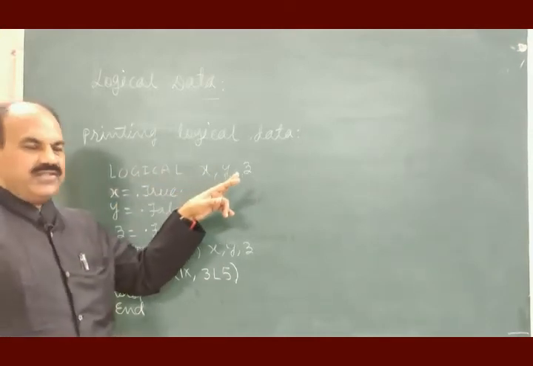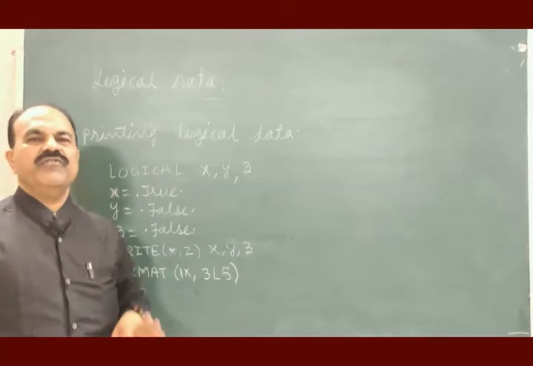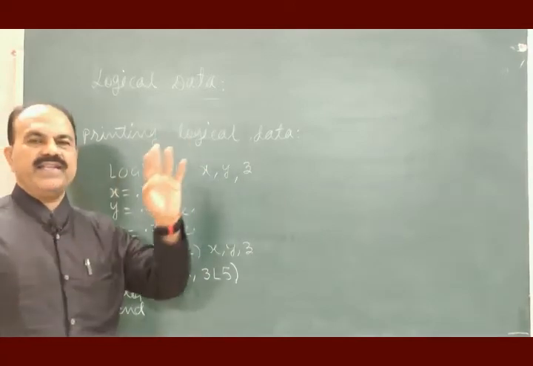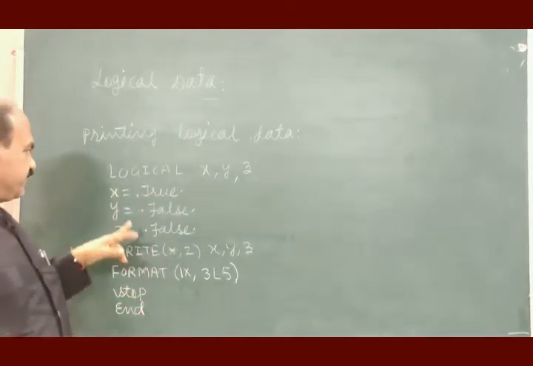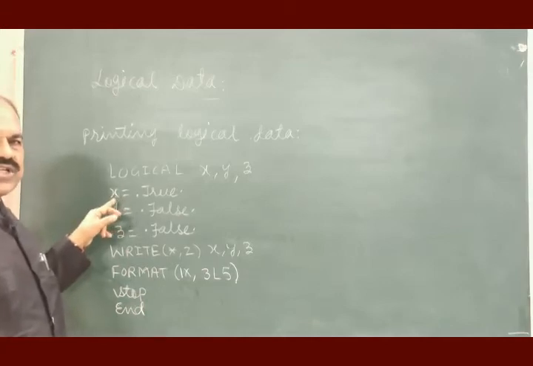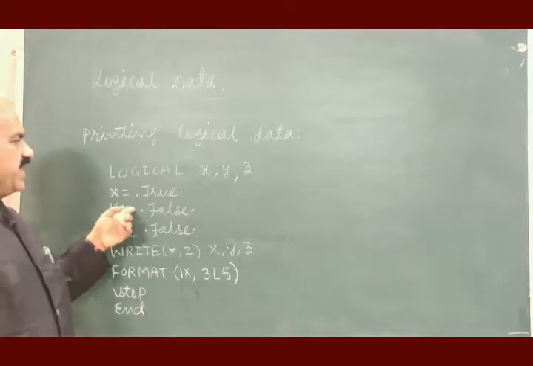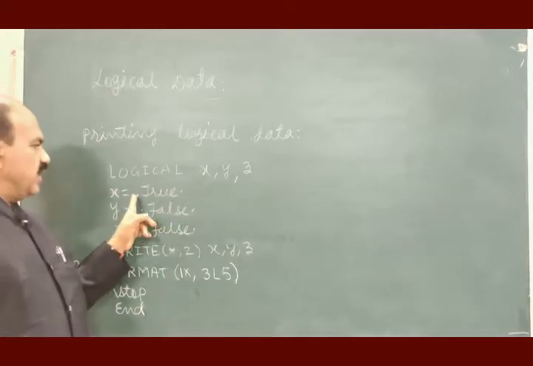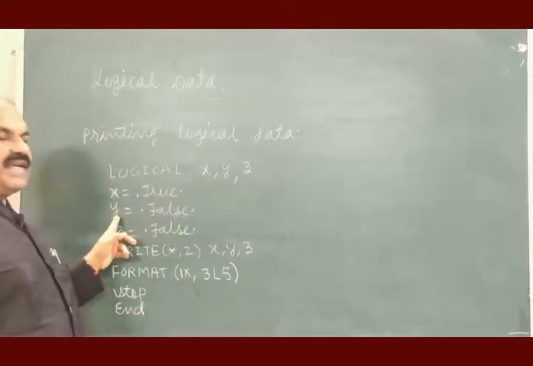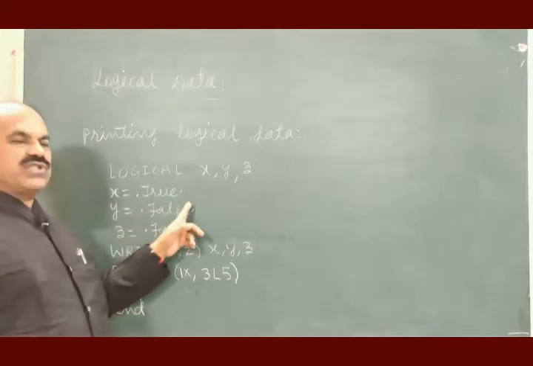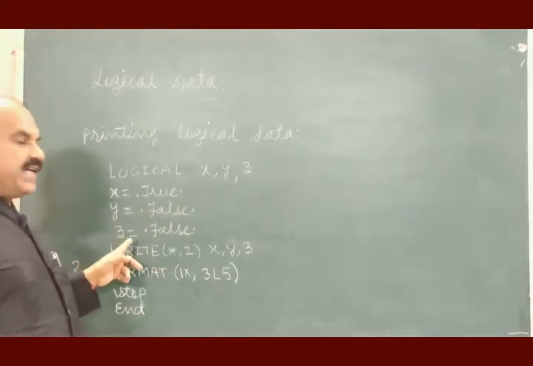X, Y, Z are the logical variables declared by this statement. Then these logical variables x, y, z are assigned logical values. X is assigned .true., y is assigned .false., z is assigned .false.